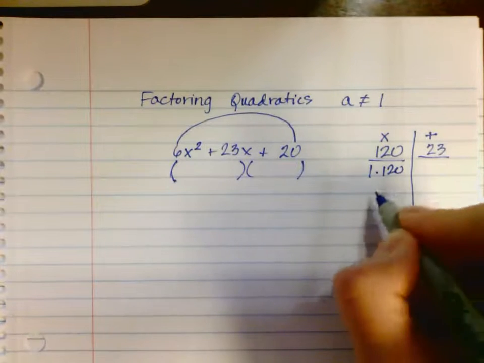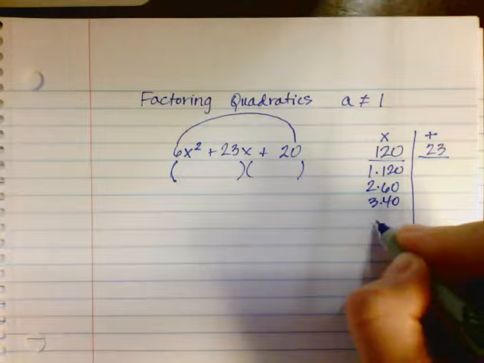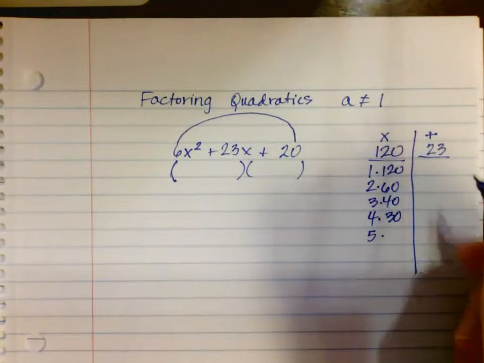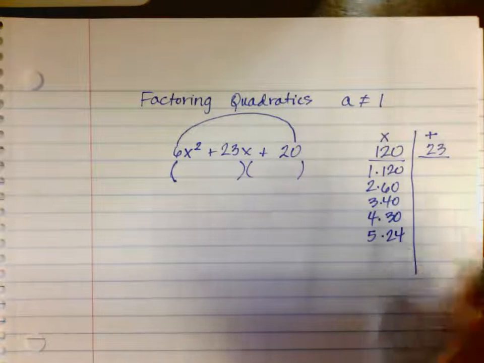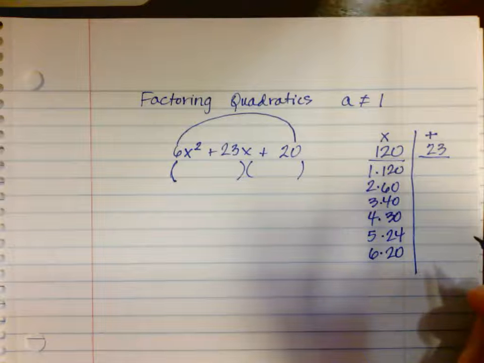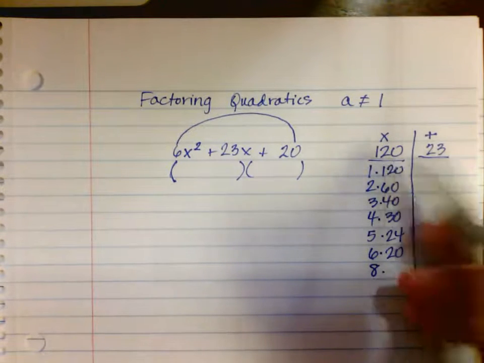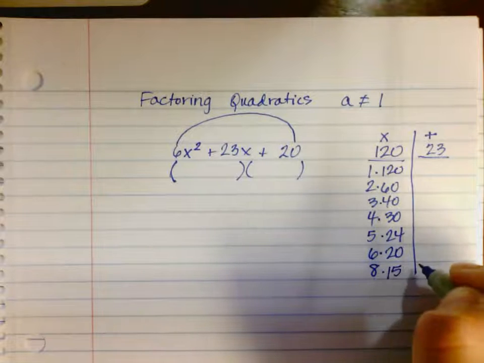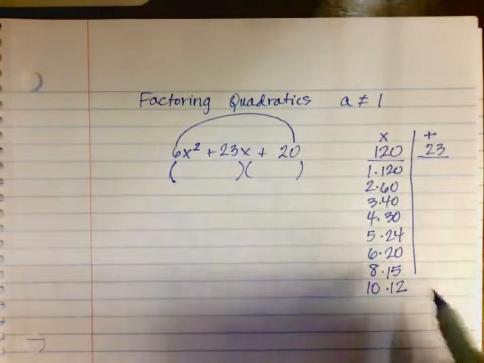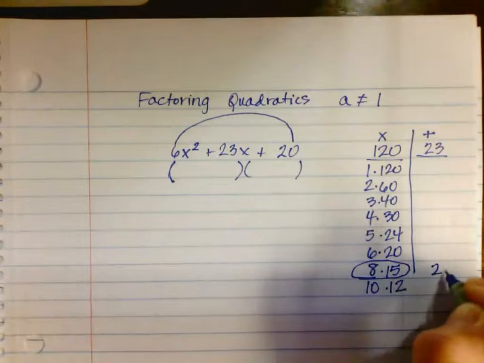We've got 1 times 120, 2 times 60, 3 times 40, 4 times 30, 5 times 24, 6 times 20, 8 times 15, 10 times 12. But if you look, 8 and 15 add up to 23.